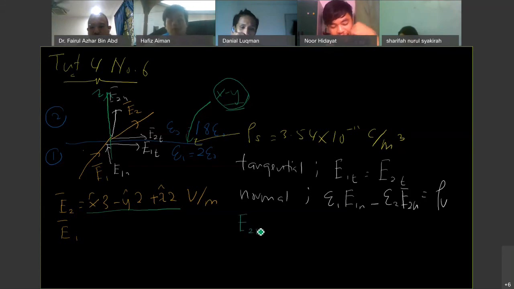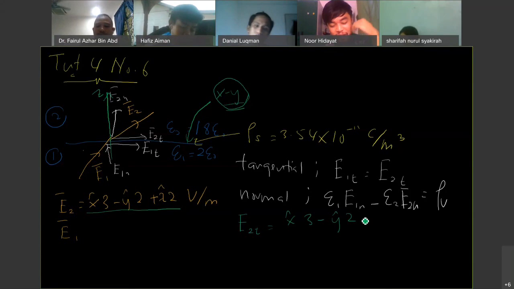E2t, or the tangential component for E2, is equal to x cap 3 minus y cap 2. Okay. And our E2n, or normal component for this vector, is equal to z cap 2. Okay.